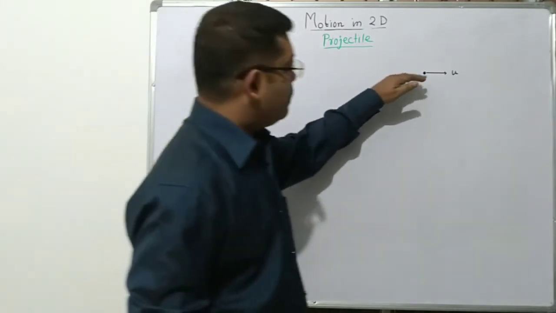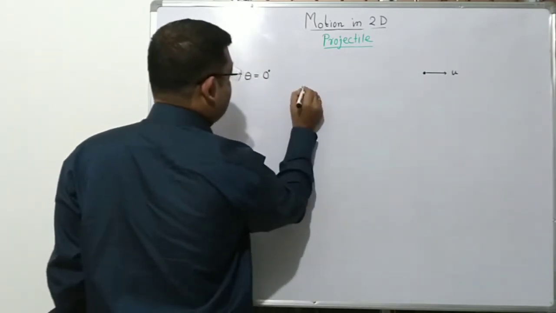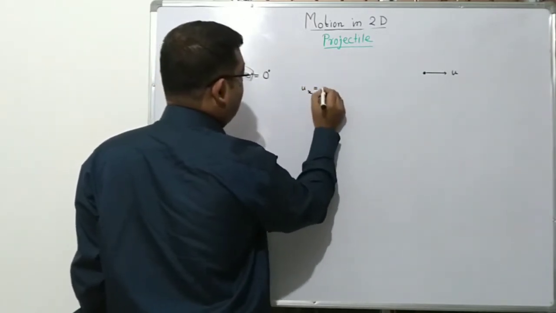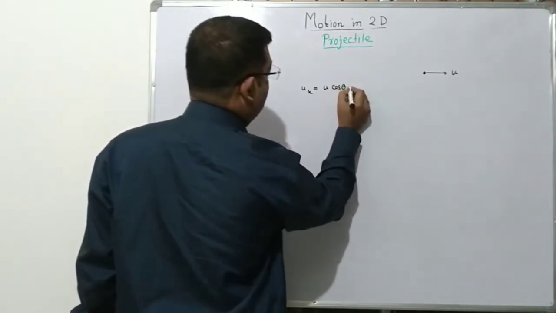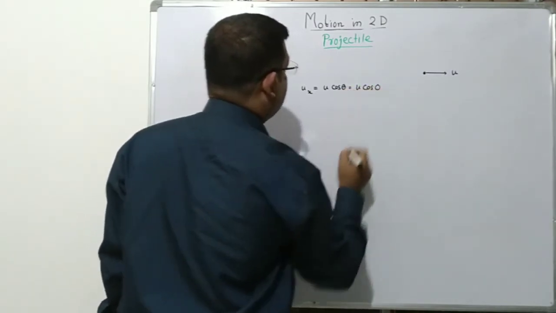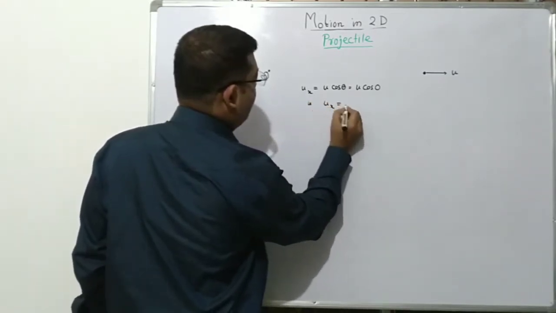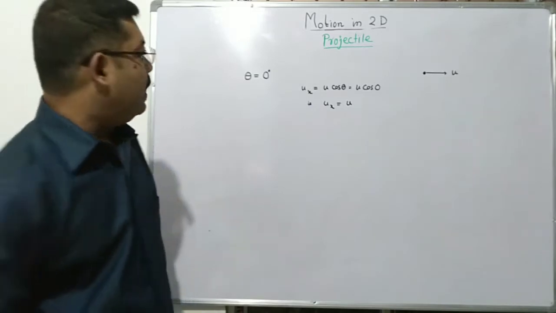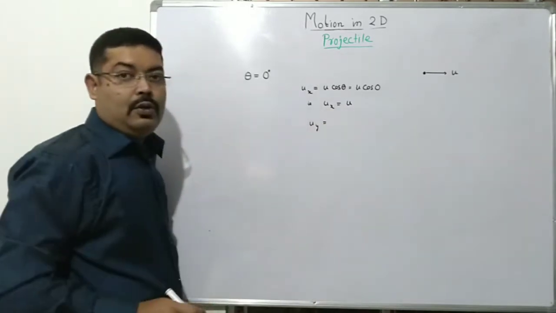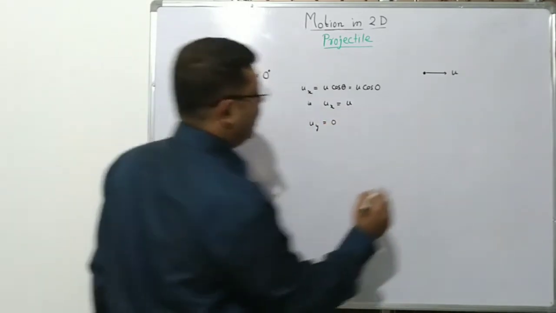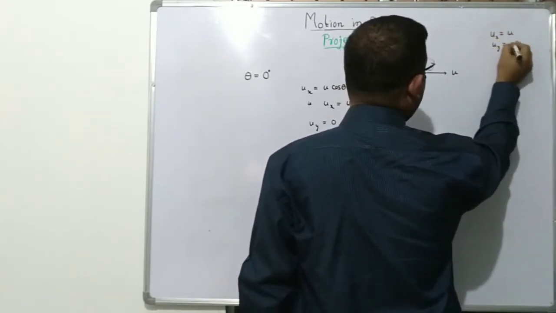If an object is projected along the x-axis with a velocity u, then its x component will be u cos 0, since theta is 0 here, that is ux will be equal to u. And for the vertical component uy, it will simply be u sin 0, which is equal to 0. So in this case ux is equal to u and uy is equal to 0.